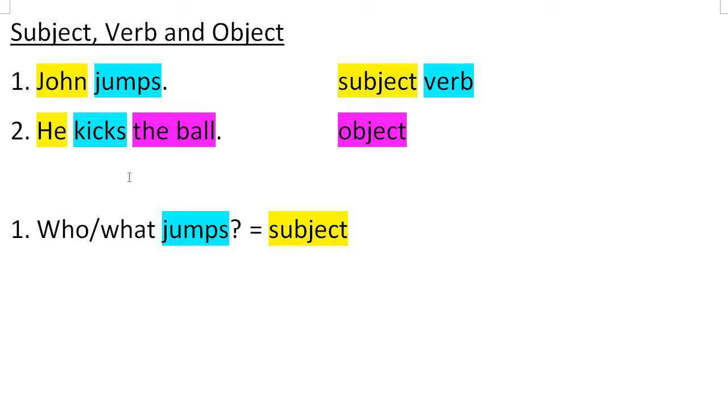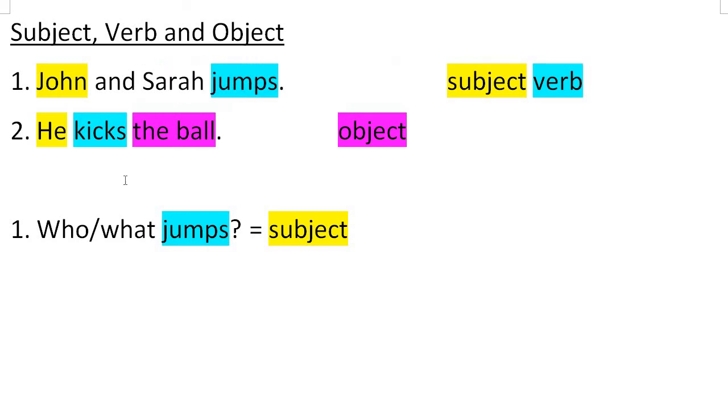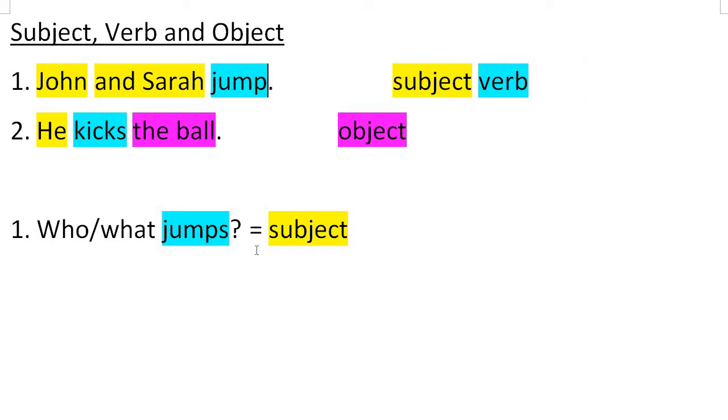It can be more than one person. I can say John and Sarah jump. And the correct answer for the subject is still who jumps? John and Sarah jump. So it can be more than one person. It can also be a thing.